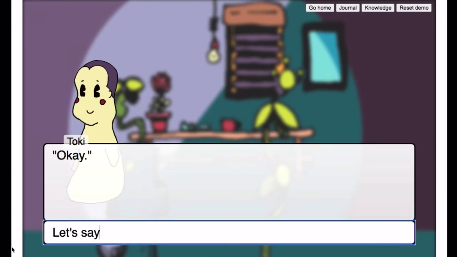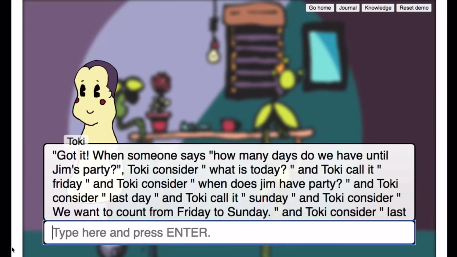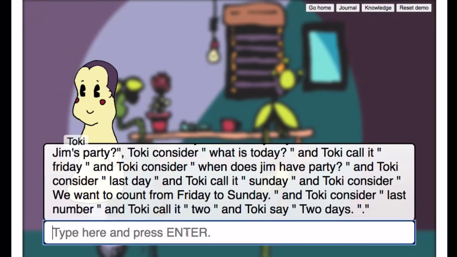And let's say you counted 2. Then just say 2 days. That's it. Okay, so Toki has now parsed this whole complicated rule. Pretty complex, but let's see if it works. Go to school.